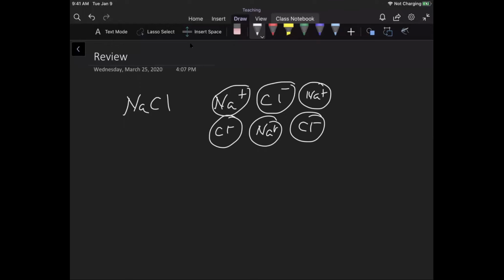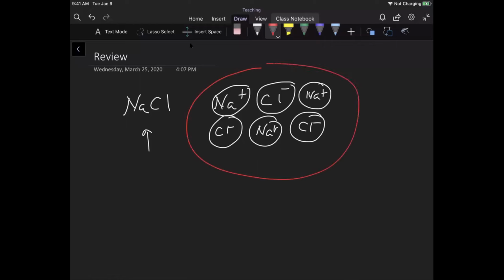And when we write our formula for our ionic compound, the charges have to balance. So Na plus is 1 plus, Cl minus is 1 minus, so the charges add up to 0. So the overall charge for the whole compound is going to be 0.